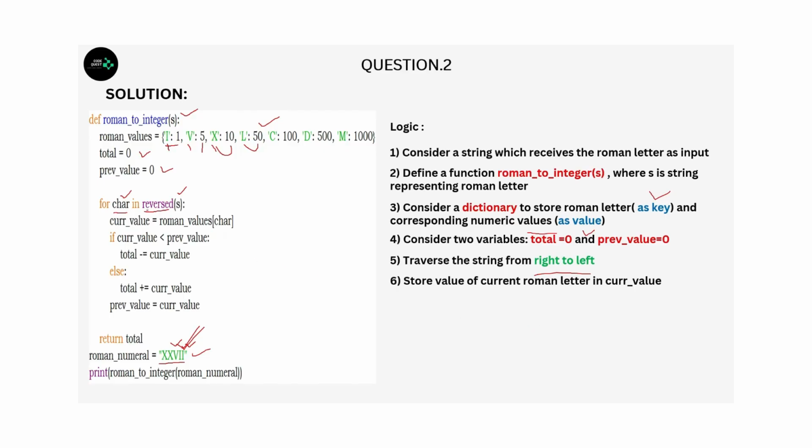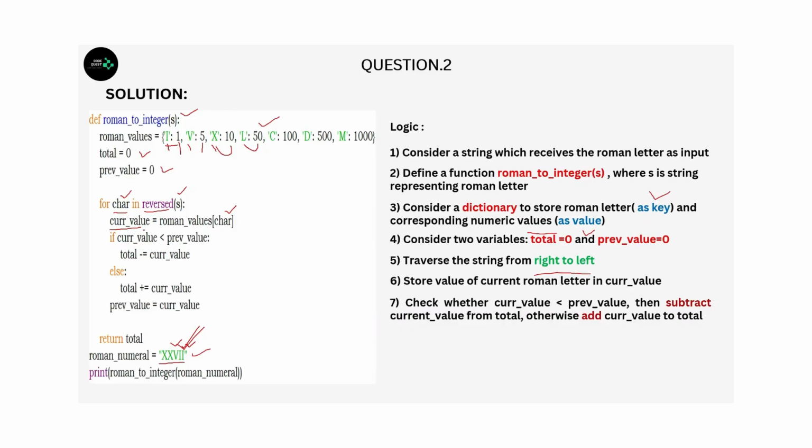Once I read the value of char, I find the corresponding value of that character. For example, starting with I, the Roman value of I fetches the value 1, which I store inside current value. Each time I check whether the current value is less than the previous value. If that is the case, I subtract the current value from the total.